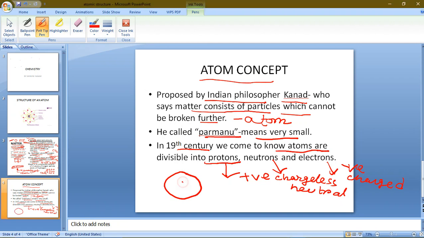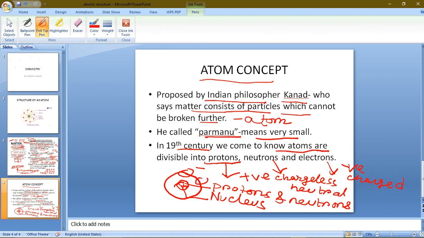In the center, the nucleus is there, and inside the nucleus protons and neutrons are present, and electrons revolve around the nucleus in different shells or orbits.